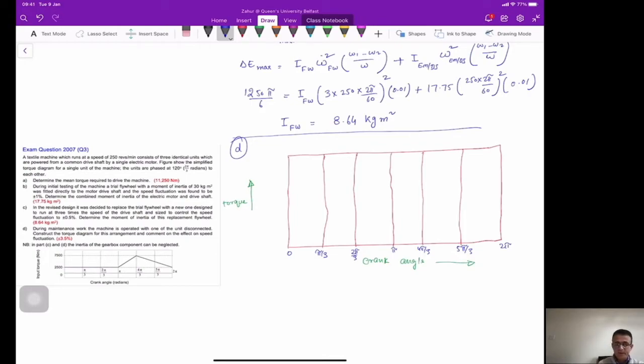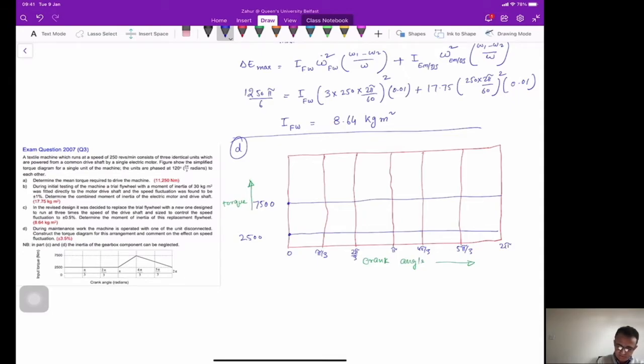Okay, so in this case, this is again the same torque diagram, so 2500, and then you have 7500 here. So the way the diagram is changing is for the first unit here.